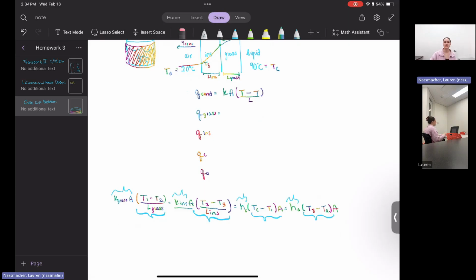The thermal conductivity will be higher, which means our slope will be lower. So therefore, for the heat loss of our glass, its slope will be smaller, less steep than the slope of our insulation.